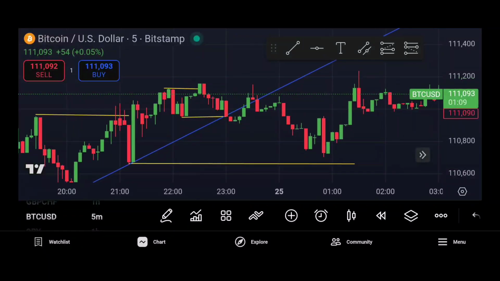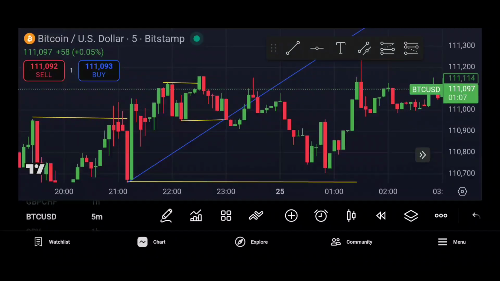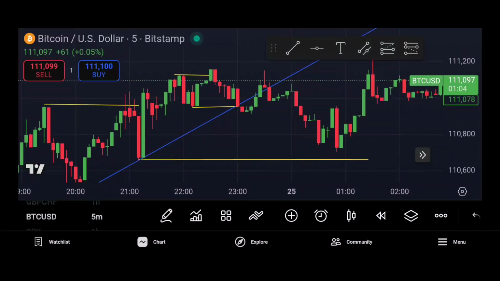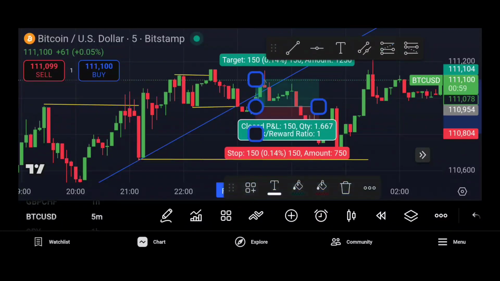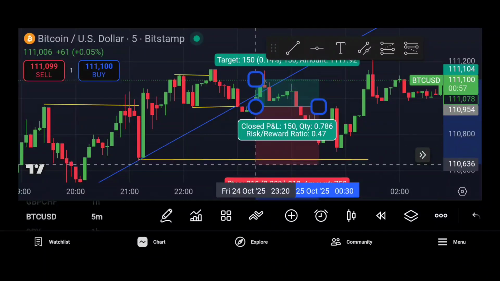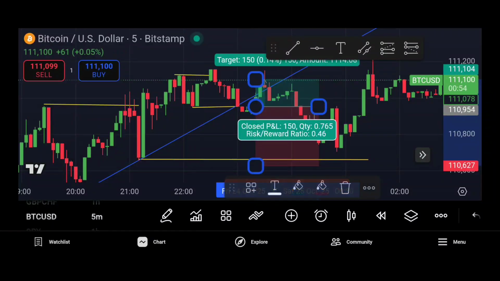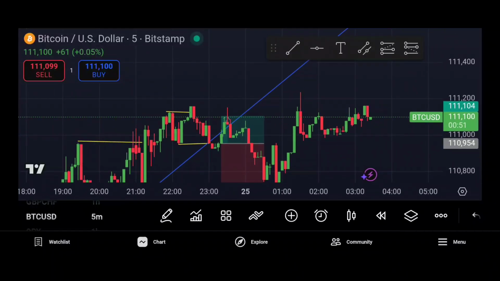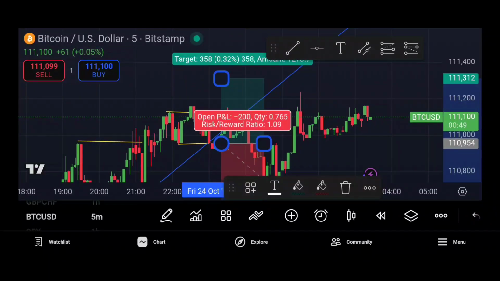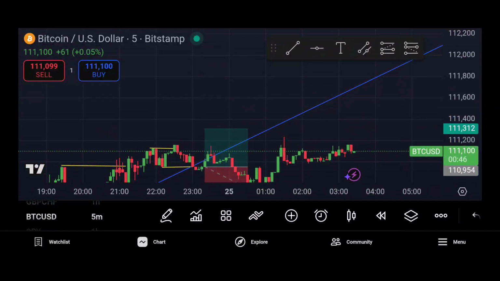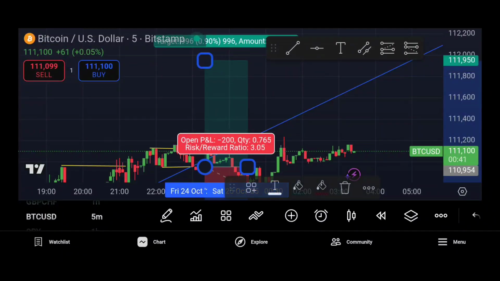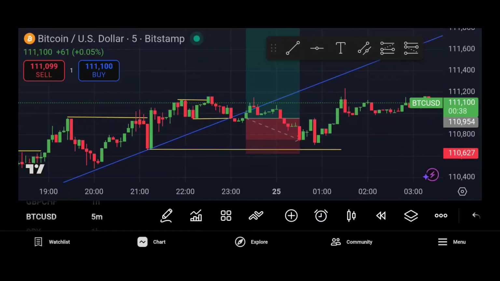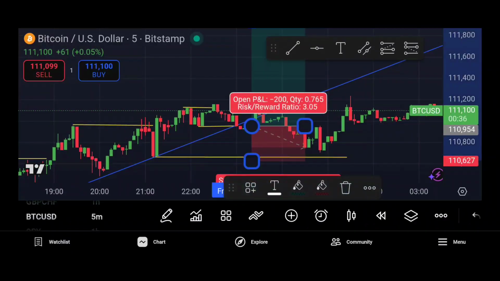Then when the market showed signs of collecting liquidity right there, below that high low, and showed signs of reversing, I placed my trade right there.